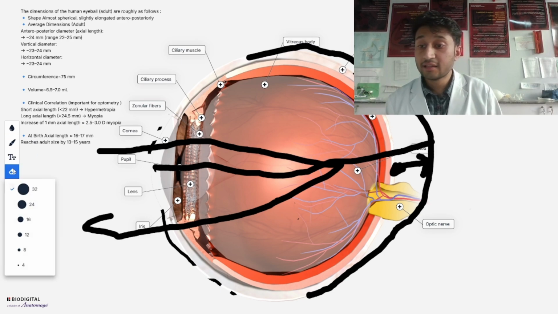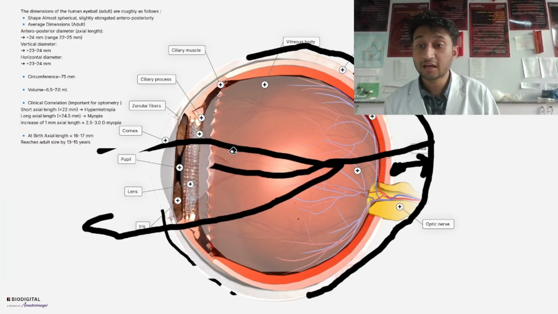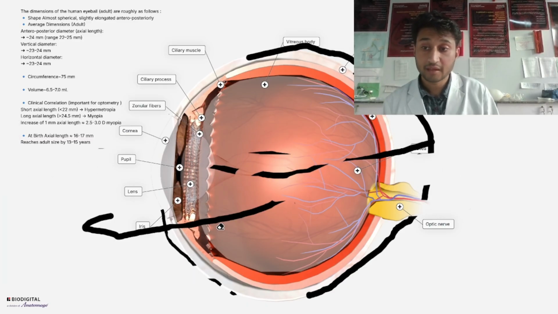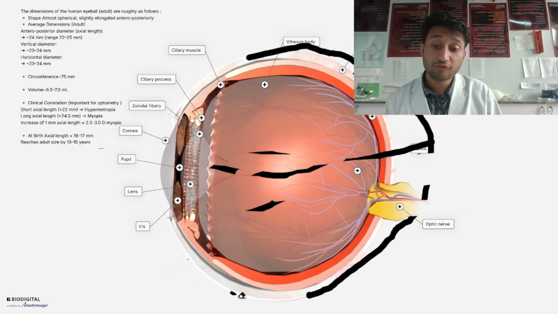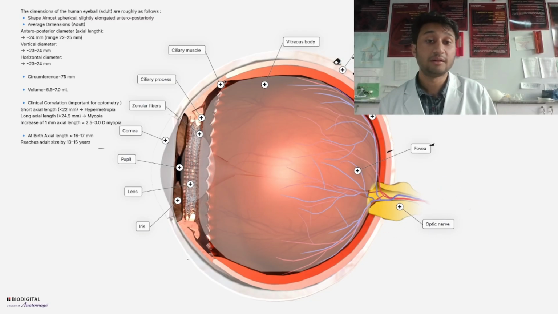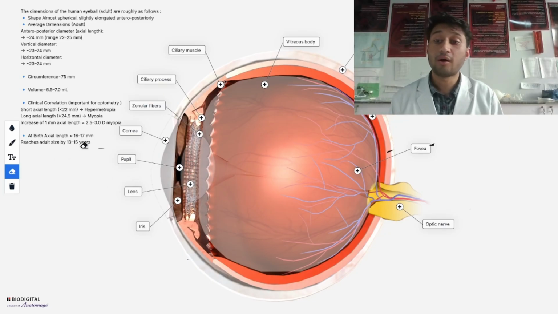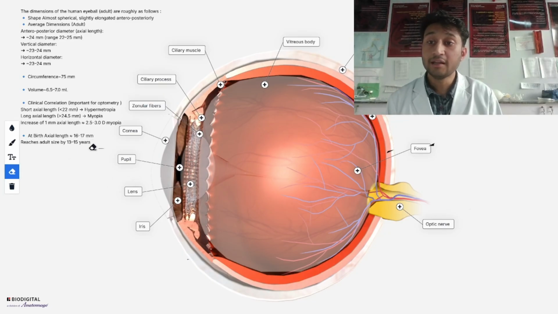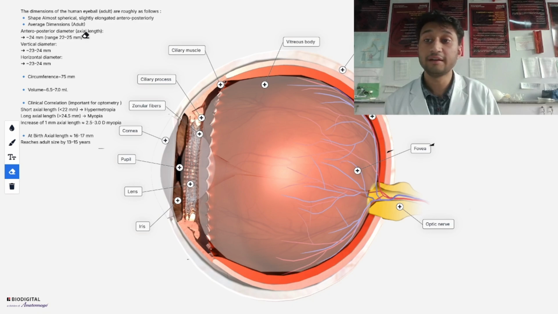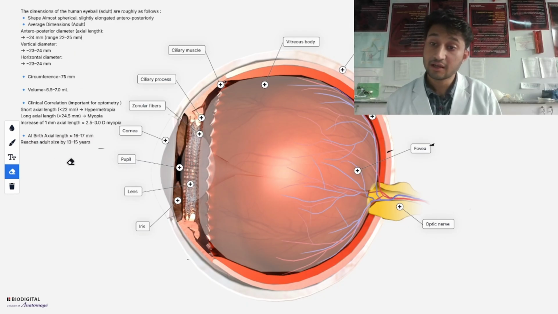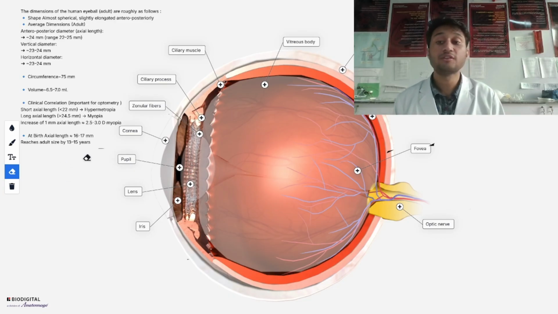The normal axial length at the birth of a child is about 16 to 17 mm, and if he grows up, it reaches the average adult axial length of about 24 mm. This growth takes about 13 to 15 years. So this was some basic details about the dimensions of an eyeball. Thank you.